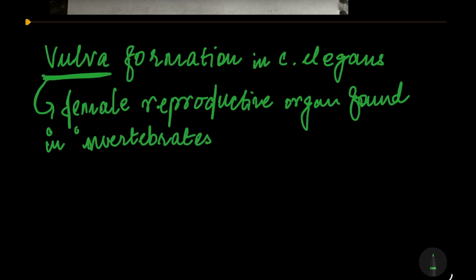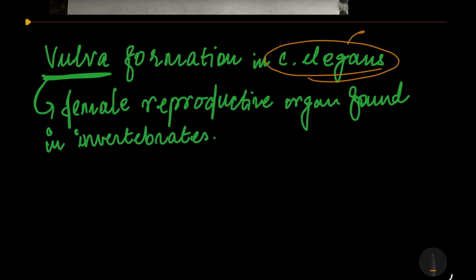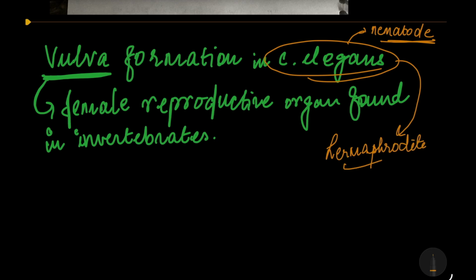Right, and we all know the C. elegans is a worm and is a nematode. C. elegans is a hermaphrodite, which means it is bisexual.